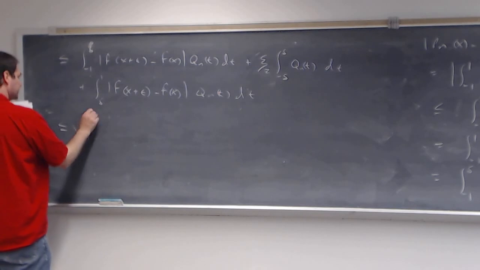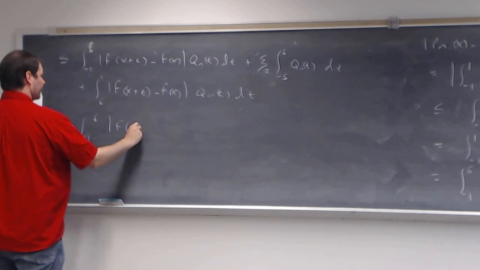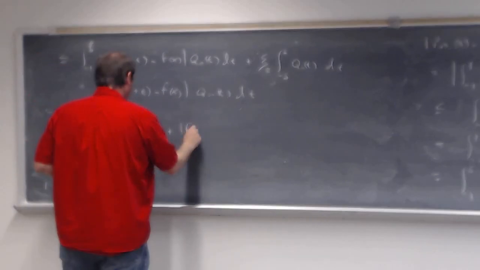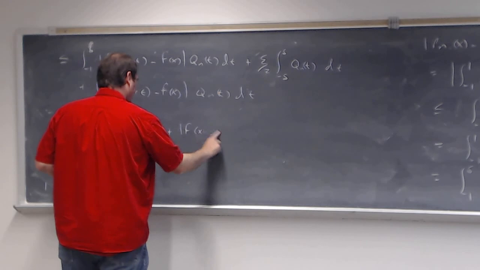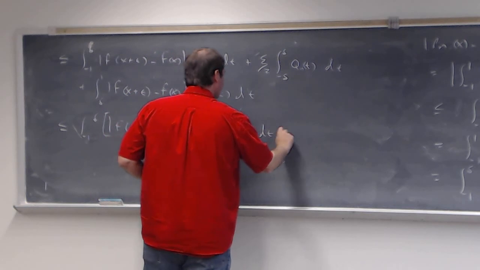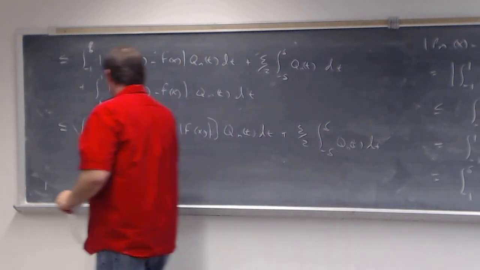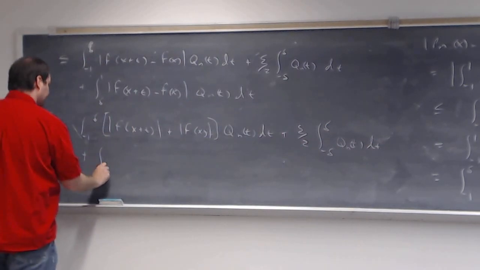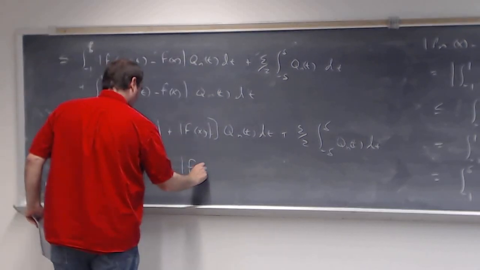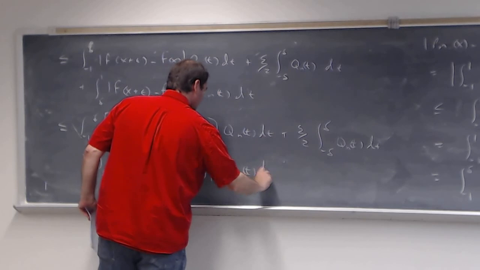This integral from minus 1 to minus delta is bounded by the norm of f of x plus t plus the norm of f of x, times q sub n of t dt, plus epsilon over 2 times the integral from minus delta to delta of q sub n of t dt, plus, here I'll do the same thing using the triangle inequality, the norm of f of x plus t plus the norm of f of x, times q sub n of t dt.